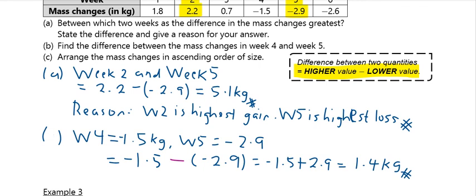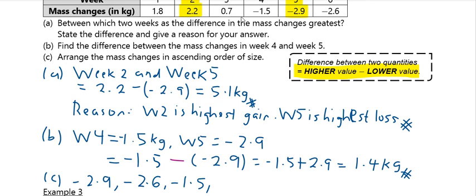Oh, sorry about this. Okay, just part B. Okay, for part C, the lowest one will be, let's look at the negative straight away. So here -2.9, and then the next one will be -2.6, and then you have -1.5, and then let's have a look at the positive.